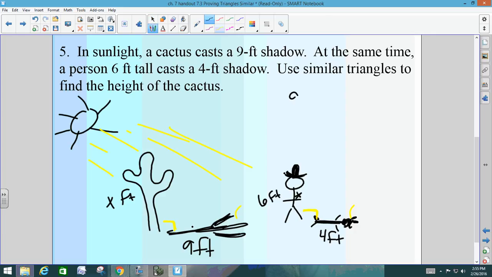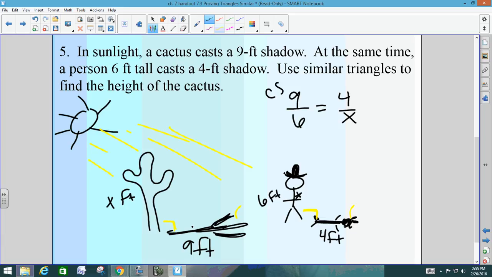9/6. And 4/x? Oh. Yeah. 9 and 4 are their shadows. Okay. So here you have cactus shadow, right?